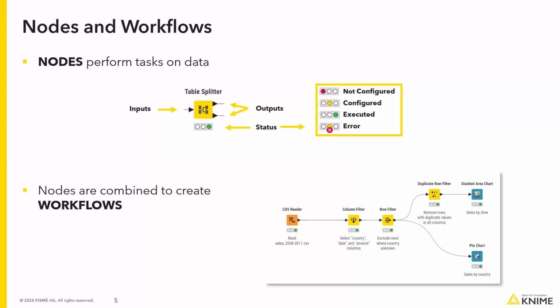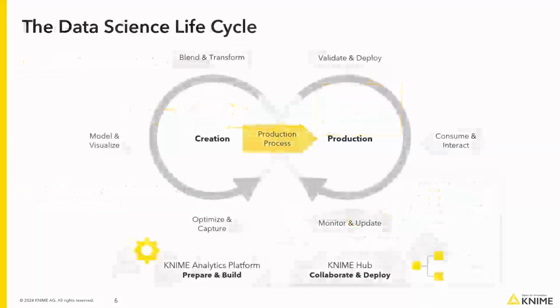Each node performs a particular task on the data, and you build these nodes and connect them one by one, and then you have your visual process of how your data flows from A to B. Each node has either input or output or both, or multiple inputs, outputs, and it has a name, so you can see which task it performs on your data, and it also has a status. And we will talk about status a bit later.